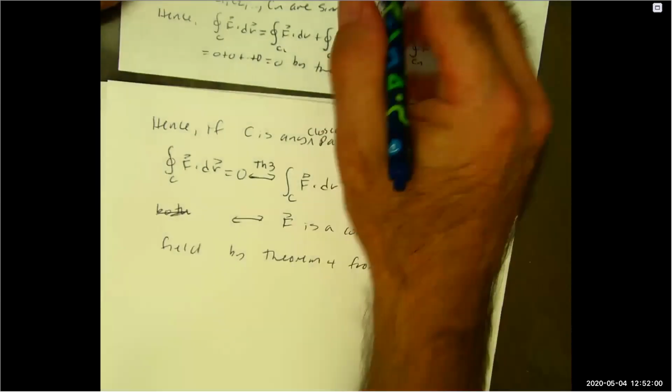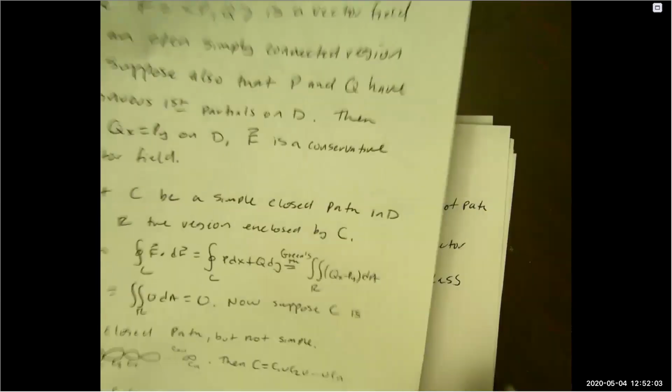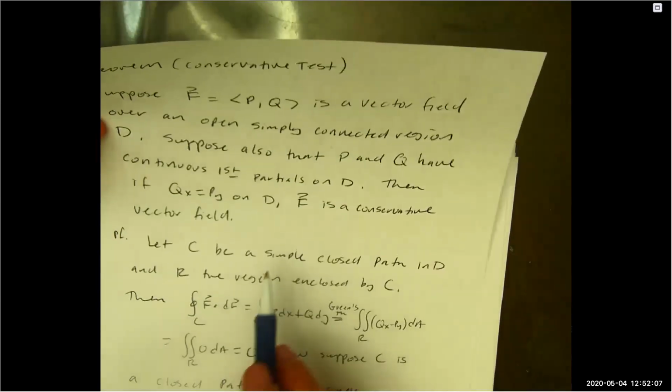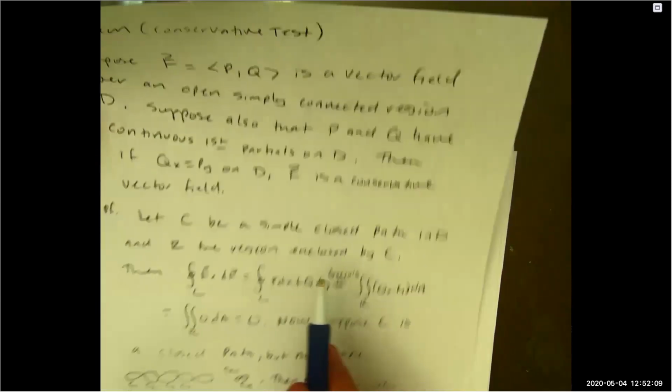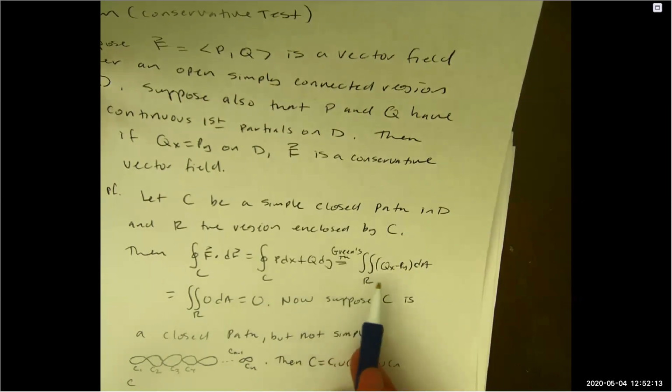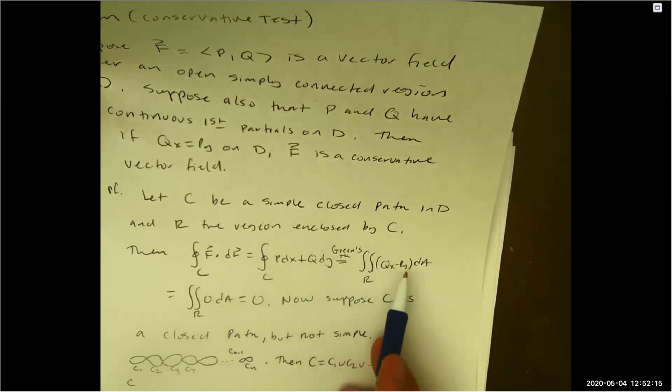So basically what it boils down to is that around any closed curve, if Qx is equal to Py, then when you apply Green's theorem, you're just integrating 0.